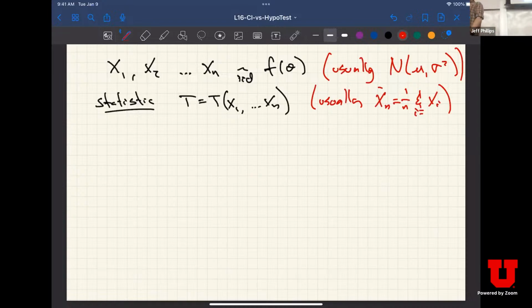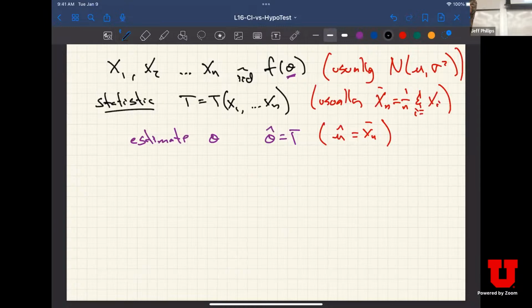The point of this is to see if we can estimate this parameter theta, and what we would do is set theta equal to T, and here this would usually be mu hat equals xn bar.